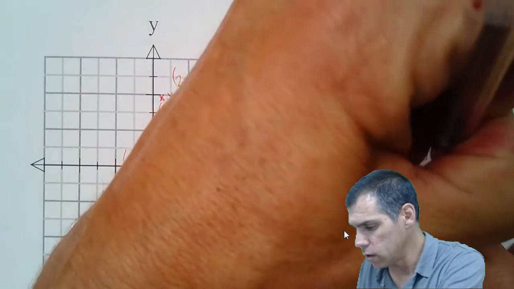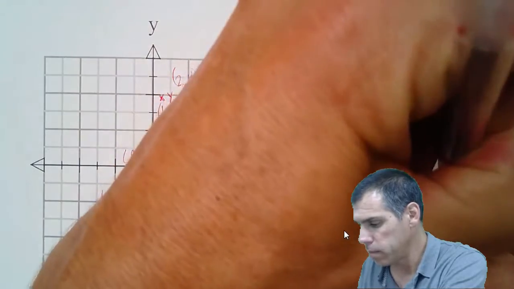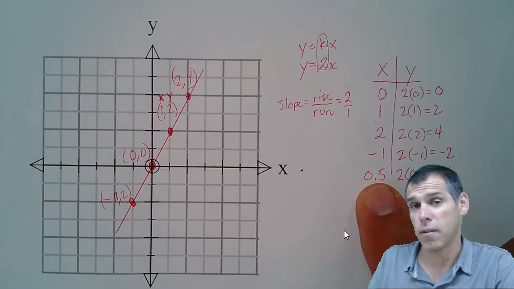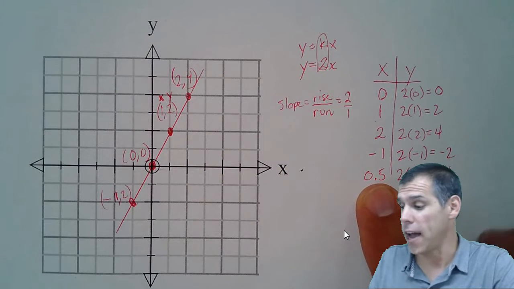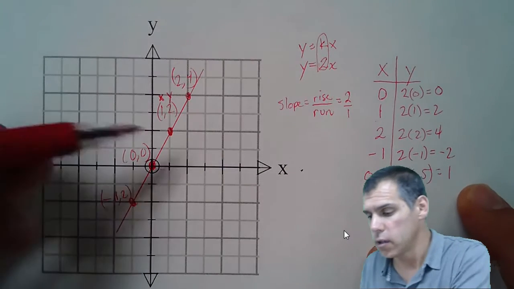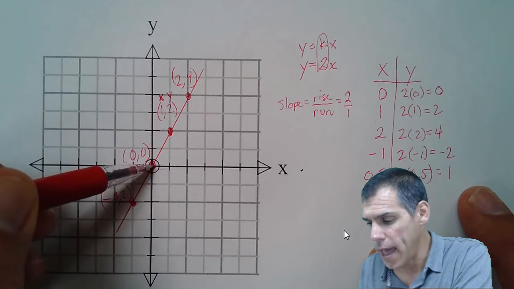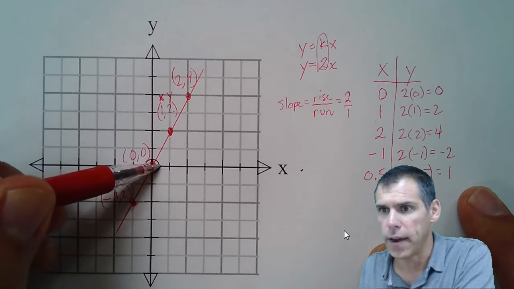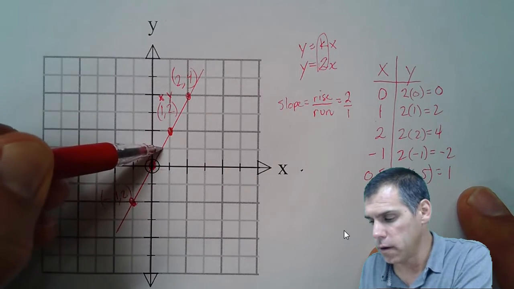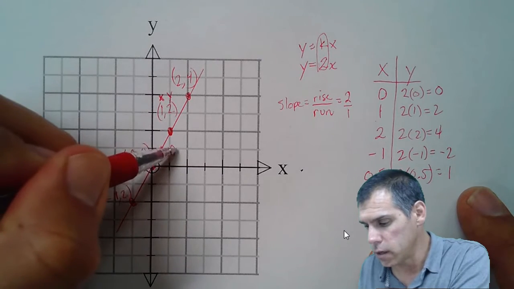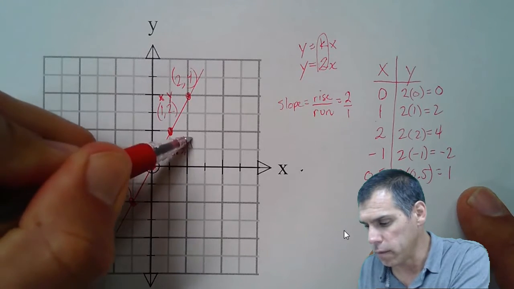So if I go up to 0.5 on the x, I should hit 1 on the y. So if that's 1, then a half is about right there. And then I go up 1. And sure enough, I'm on the line right there. This is the point 0.5, comma 1.